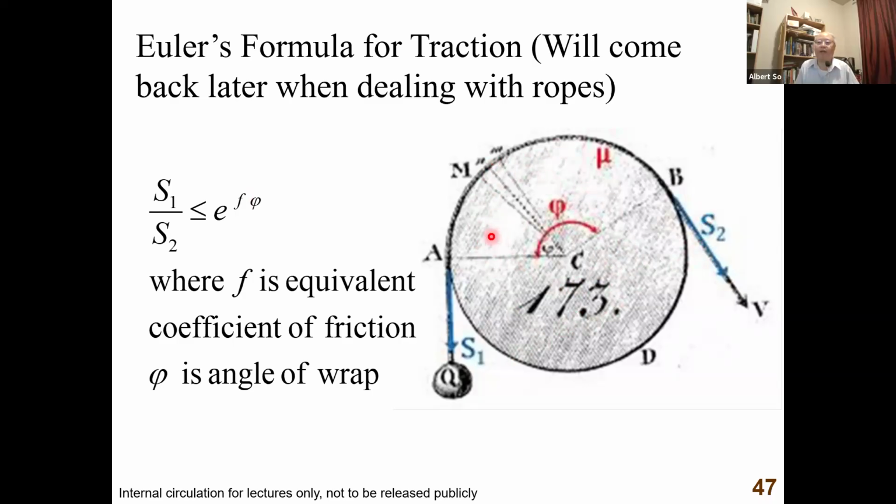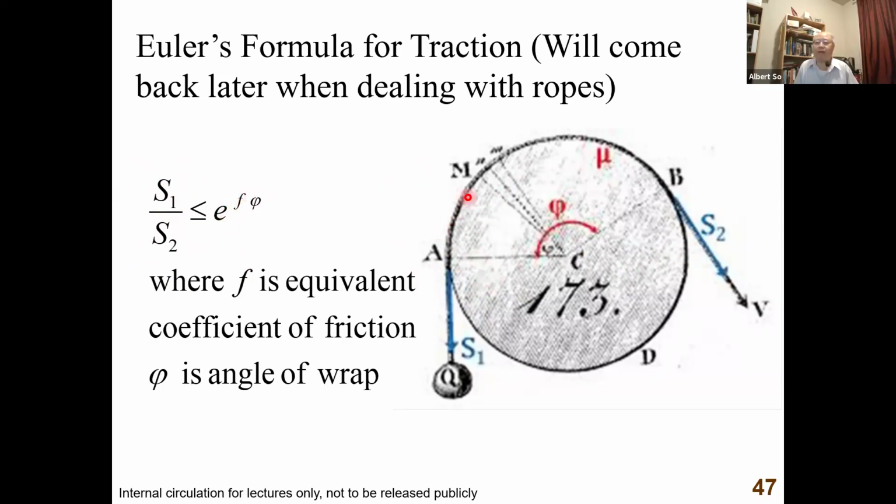It cannot rotate, it cannot lift the car anymore, because when S2 is very small, S1 has to be very small. It cannot be large. That is the beauty of the traction sheave. It gives you a lever. With a small S2, you can have a bigger S1, and it depends on the angle of wrap and the equivalent coefficient of friction. But F is constant.